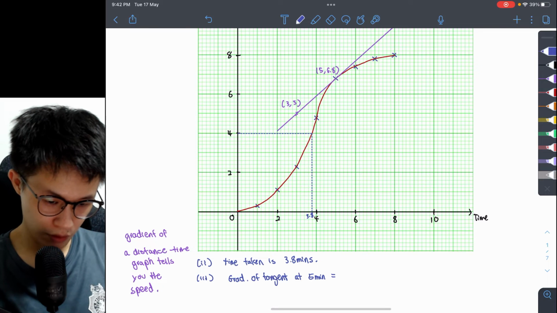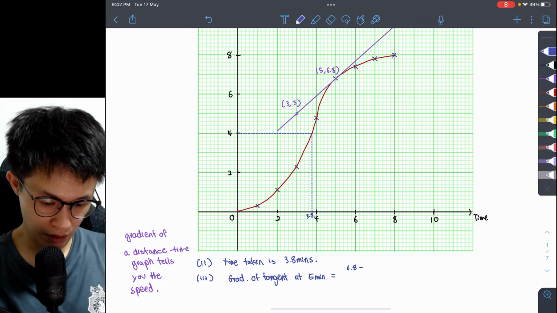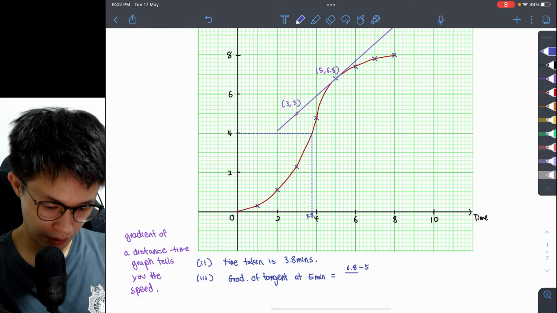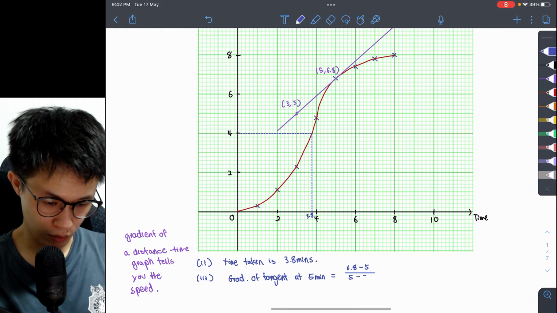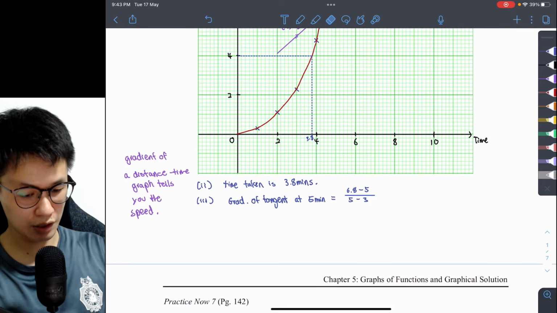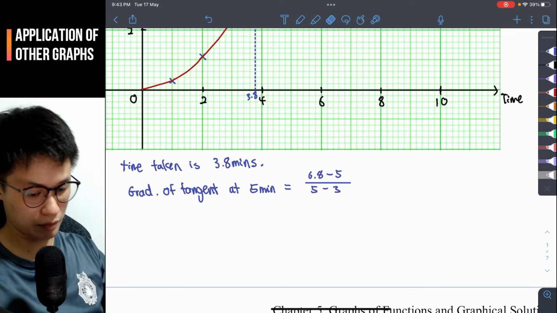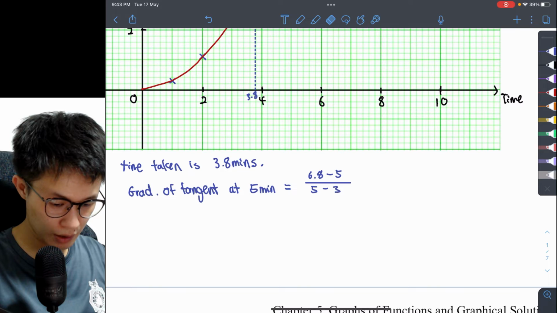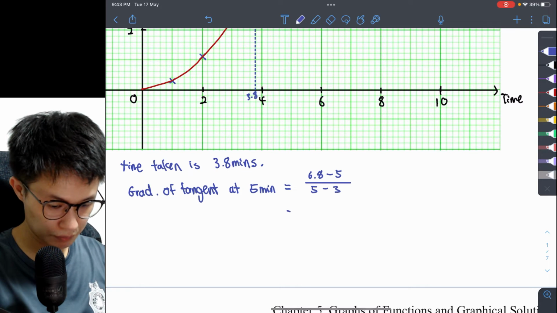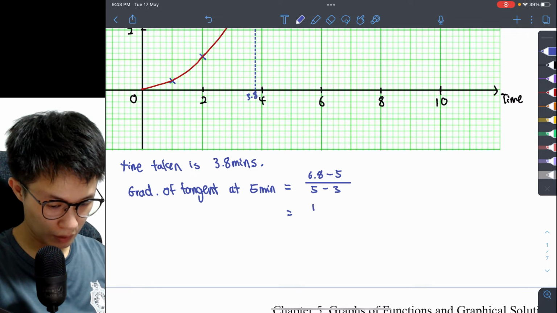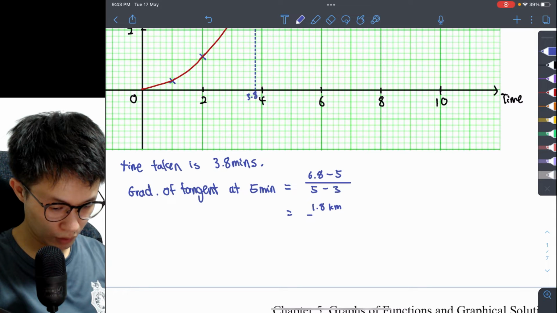It is equal to y1 minus y2 divided by x1 minus x2. The gradient of the tangent at 5 minutes is 6.8 minus 5 over 5 minus 3. But what you need to bear in mind is that the answer you have here is 1.8 km over 2 minutes.